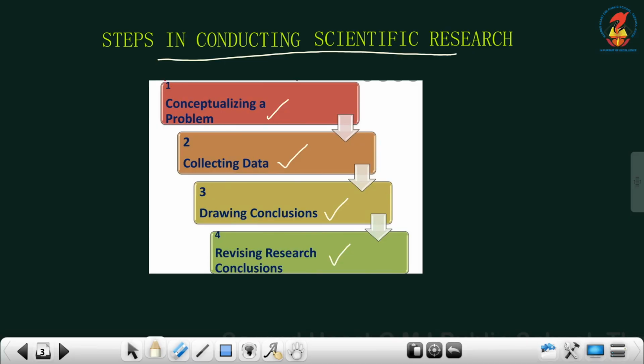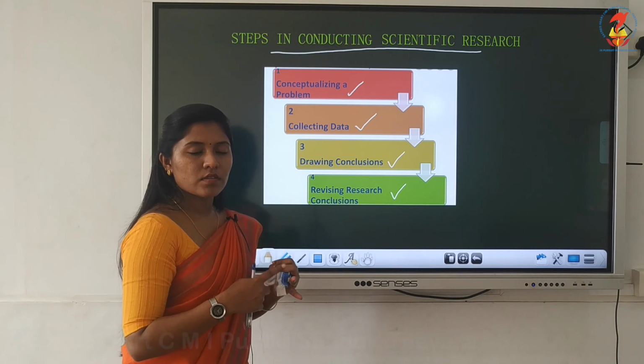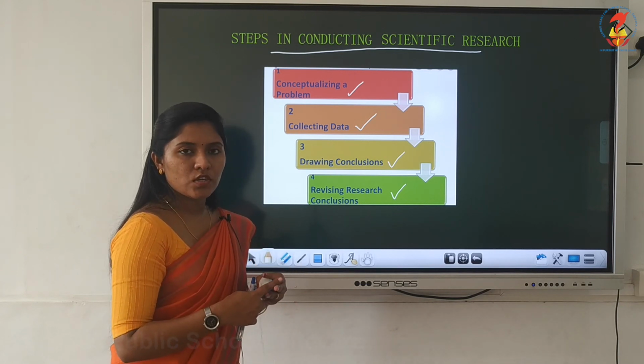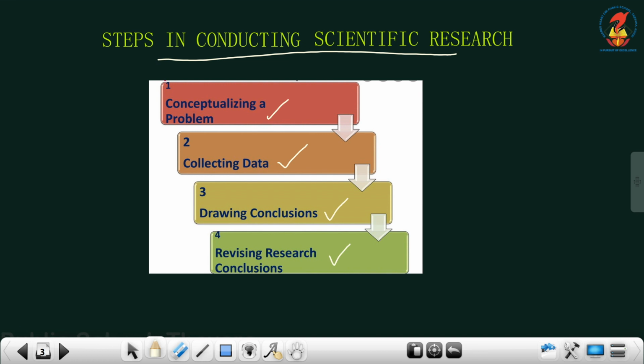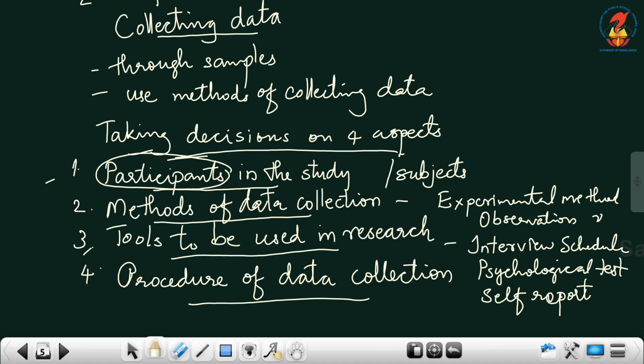Conceptualizing a problem includes selecting the topic, then making a research statement, then reviewing past research, and forming the hypothesis. Then collecting the data requires four decisions: the participants of the study, the method of data collection, the tools to be used, and the procedure of data collection.